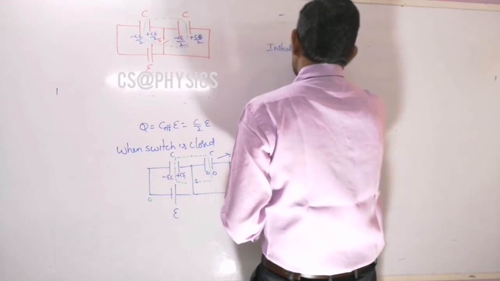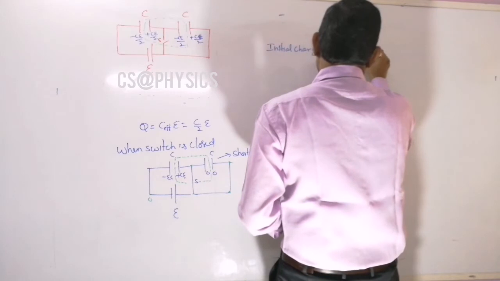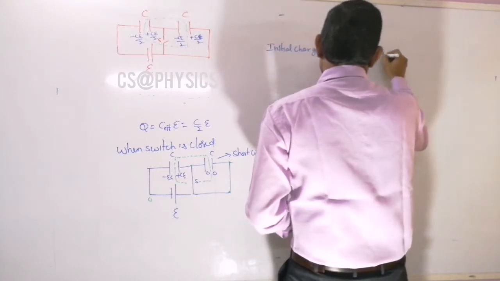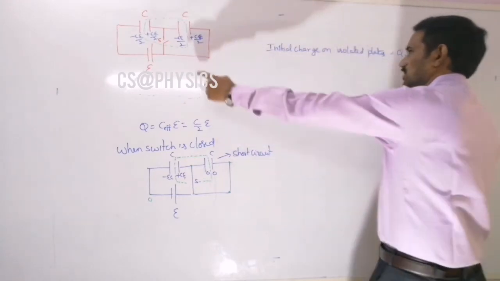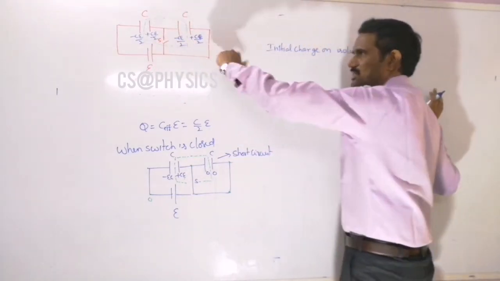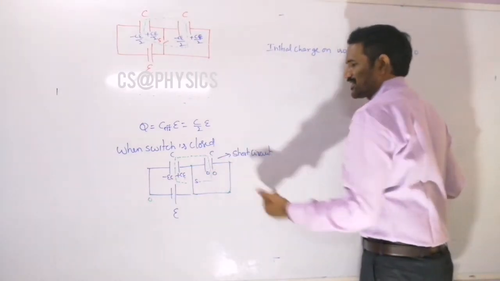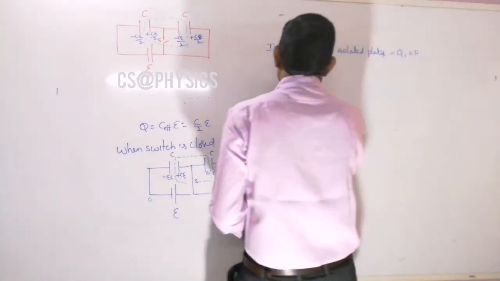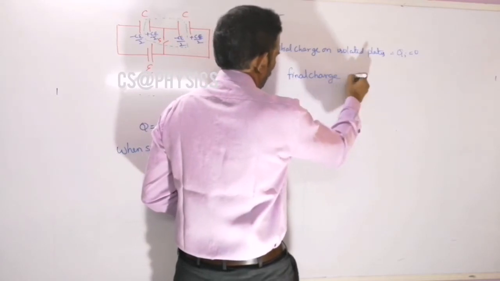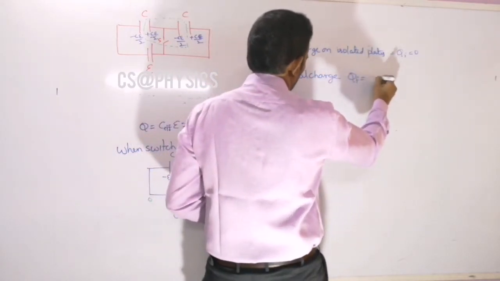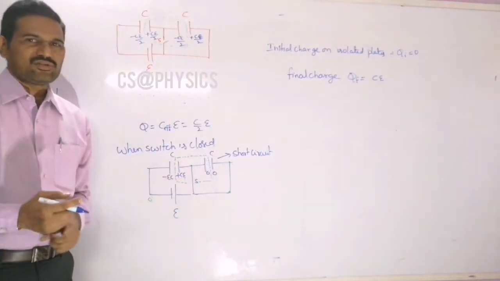The initial charge on the isolated plates will be equal to 0, right? You can observe this: plus CE by 2 minus CE by 2, so that will be 0. And the final charge on those two isolated plates, Q final, is equal to CE, because the other value is 0 and only this charge is there on this plate.